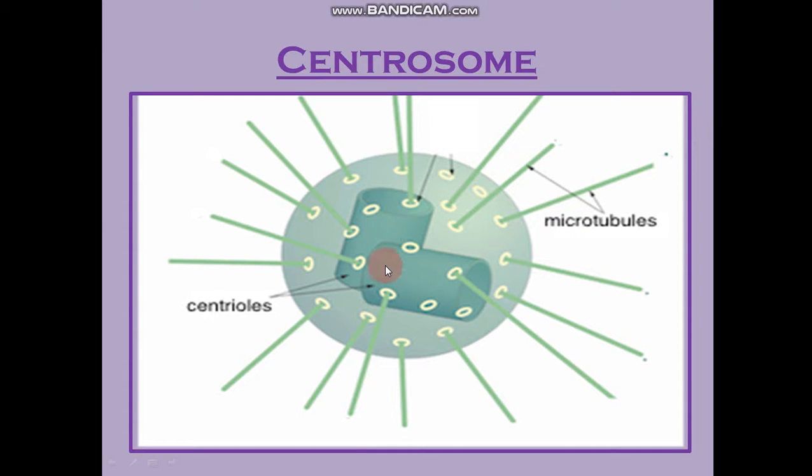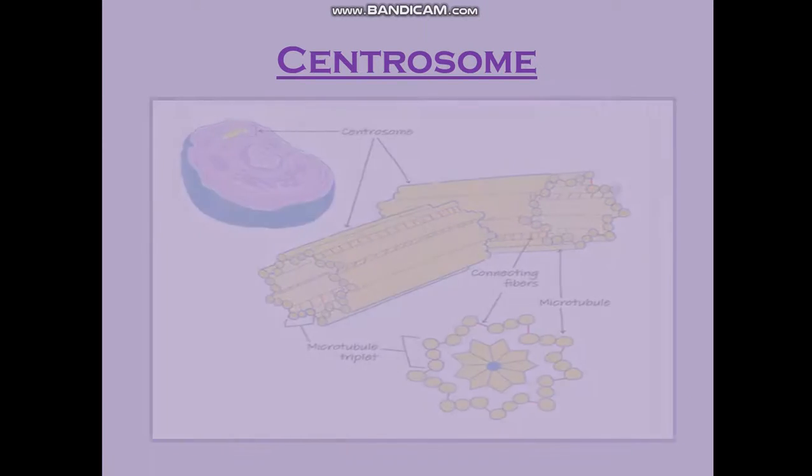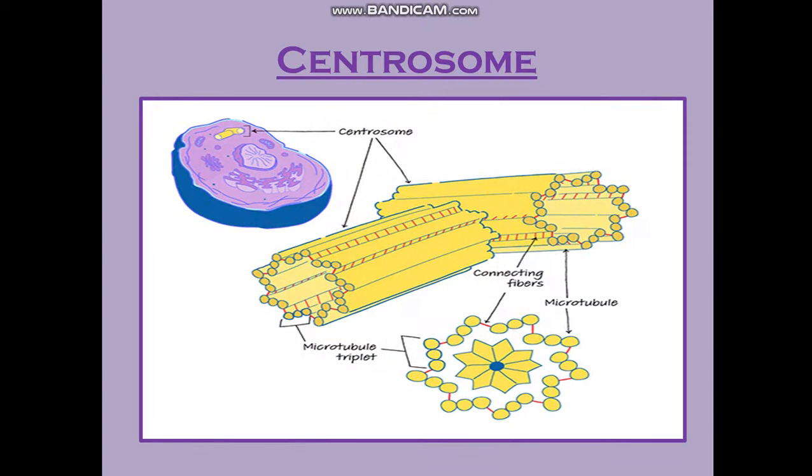Clear? So diplosome is two centrioles together. A pair of centrioles is called a diplosome. So every centrosome has a diplosome plus microtubules. I think it's clear to all of you.